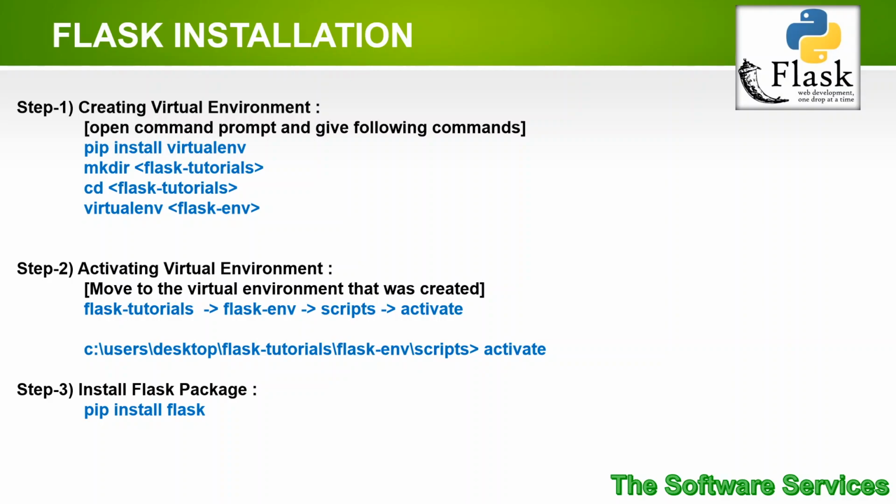Now take a scenario. You are working on two or three Flask projects. One project is based on Flask, say, version 0.5, another project is based on Flask 1.0, and the third project is based on Flask version 1.5, like that.